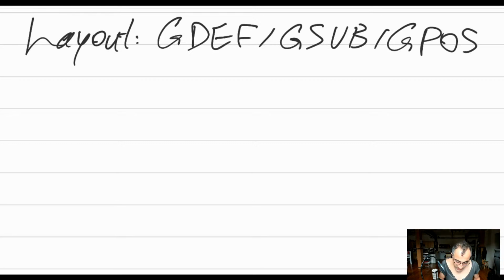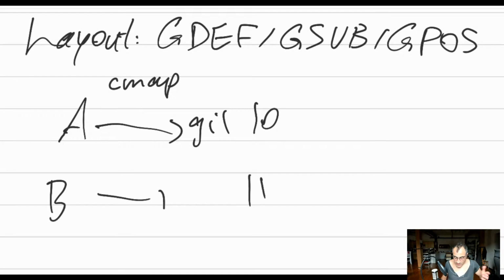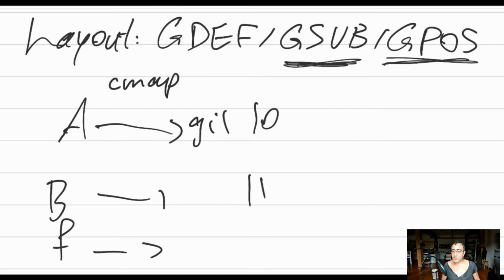What layout means in this context is that, as I said, the CMAP table says, okay, I saw a Unicode capital letter A, I know GID 10 is for that one, and I saw a B, and that's GID 11. Well, typesetting is not that simple. It's not just putting one shape after another per character. So that's where GSUB, which stands for glyph substitution, and GPOS, which stands for glyph position, come in.